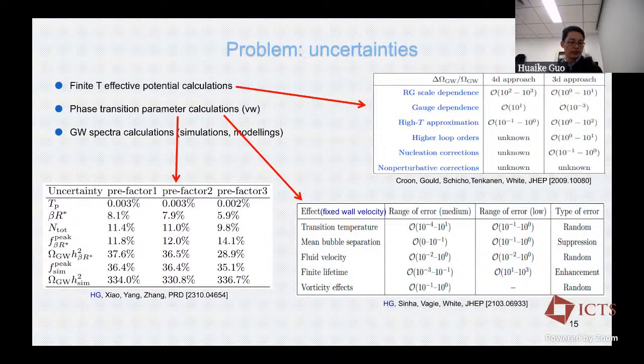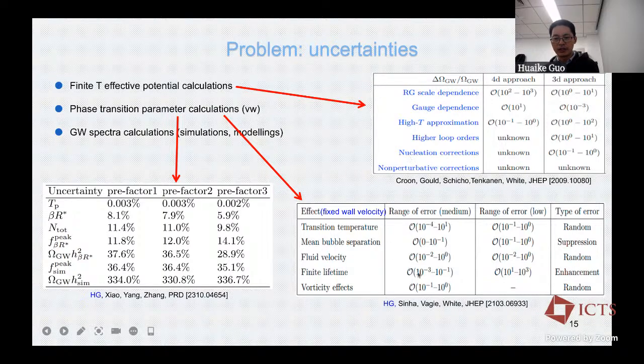So right now, for all the detection, there are problems because there are uncertainties, not just the systematic uncertainty on the experimental side, but also uncertainties from the theory side. This is taken from a paper, and this source of uncertainty comes from the finite temperature field theory calculation.